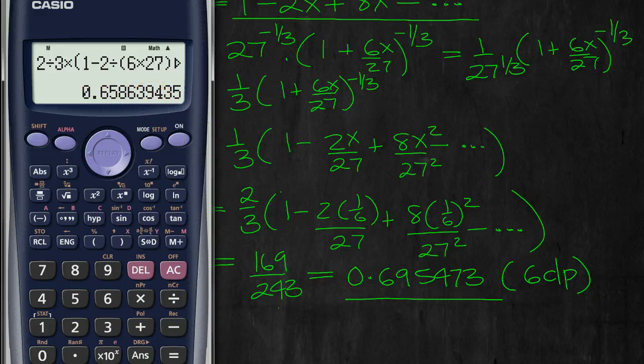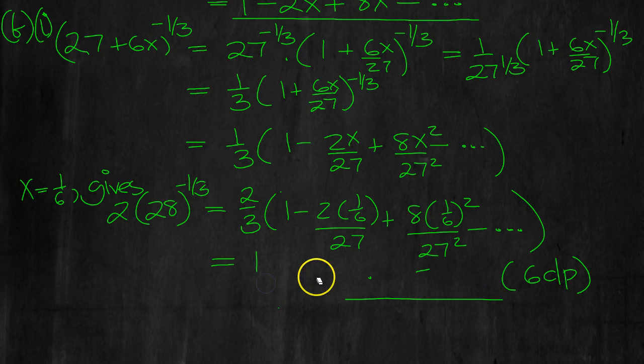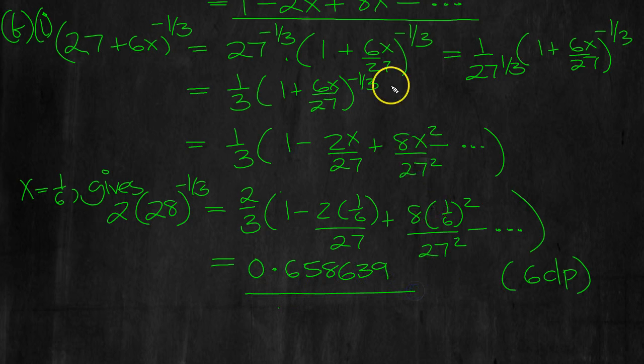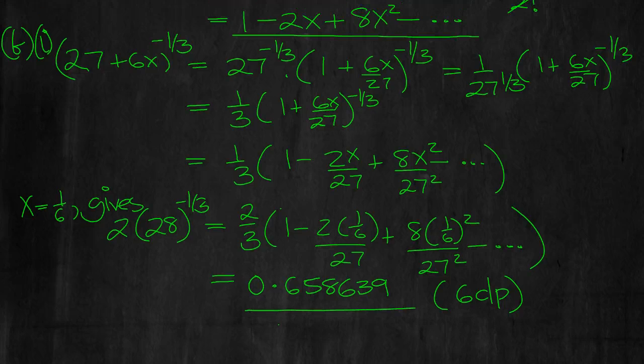It's 0.658639, which is what we had before. So it's nice that we can check our answers for questions like this with the calculator to make sure we don't make a mistake. And I illustrated that well here.